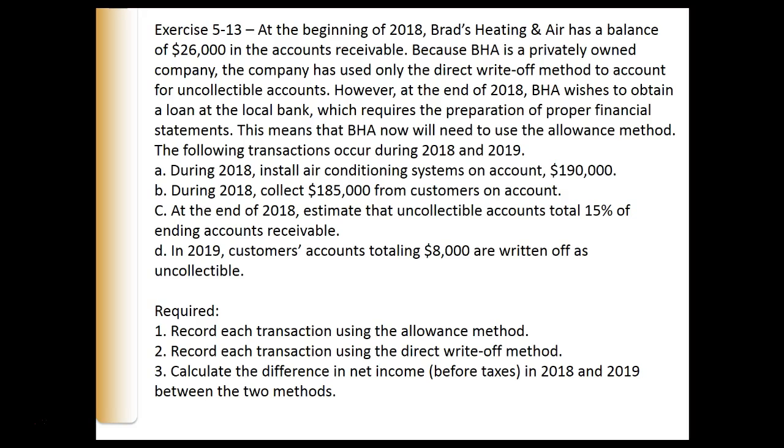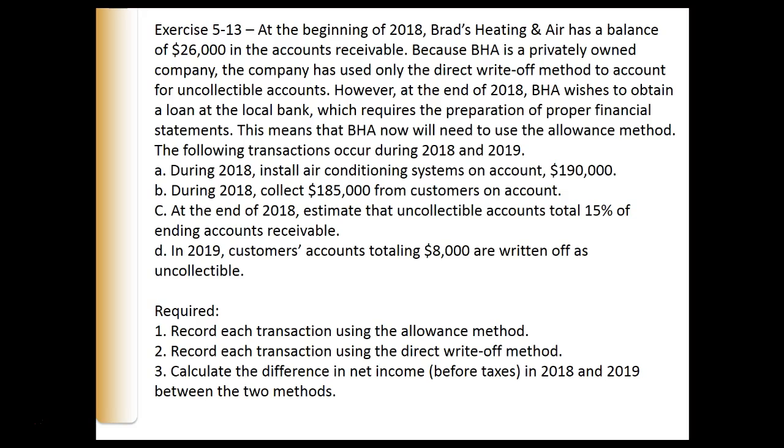We're going to finish this chapter by going through a comprehensive problem. Exercise 5-13. At the beginning of 2018, Brad's Heating and Air has a balance of $26,000 in accounts receivable. Because Brad's Heating and Air is a privately owned company, the company only uses the direct write-off method to account for uncollectible accounts.